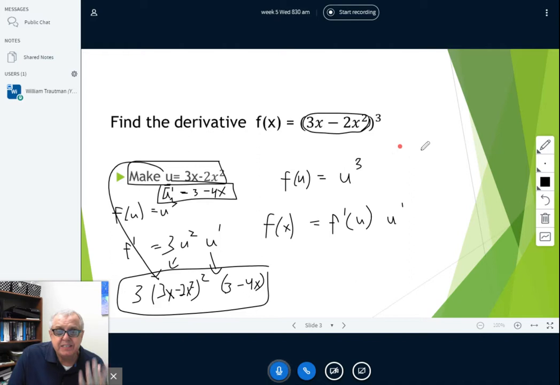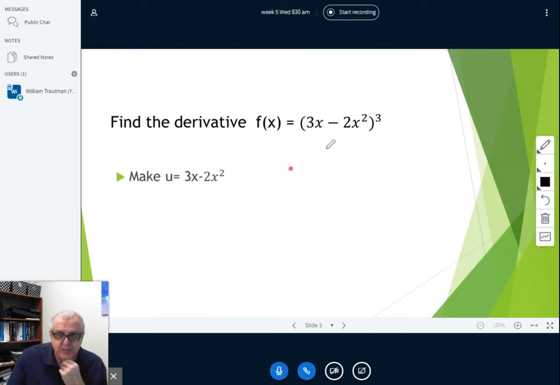So our goal is to make this simpler. I'm going to erase this and try this again. If I make this part u, I end up with u to the third.